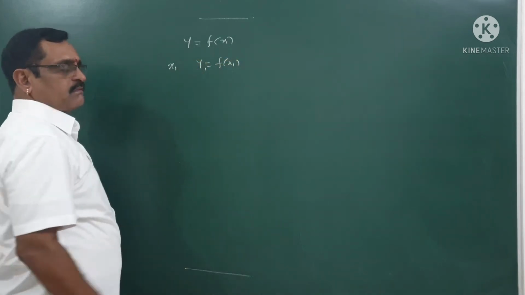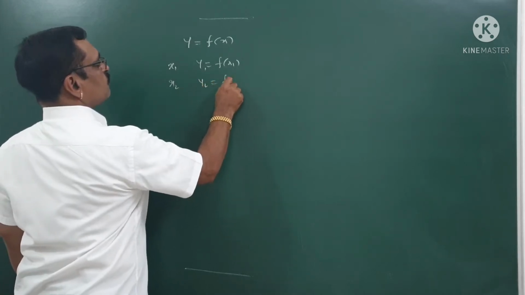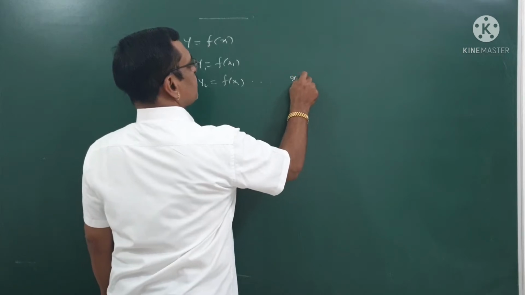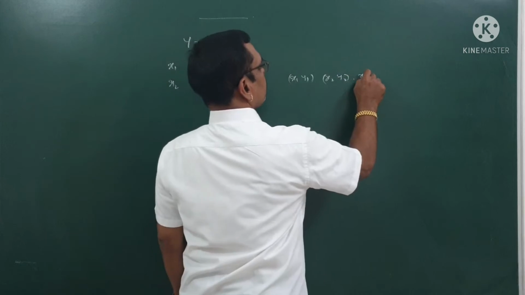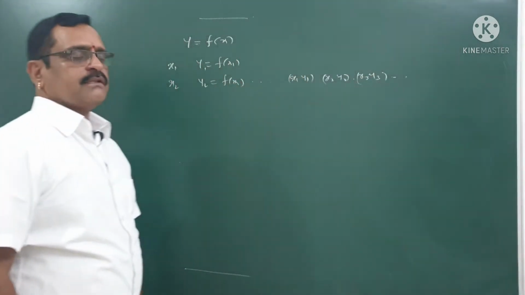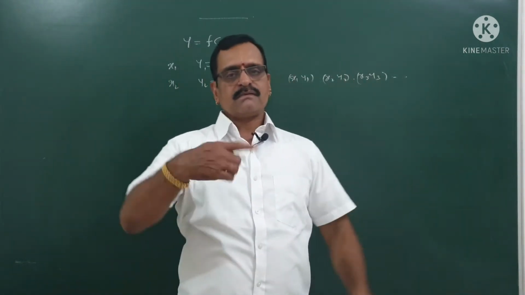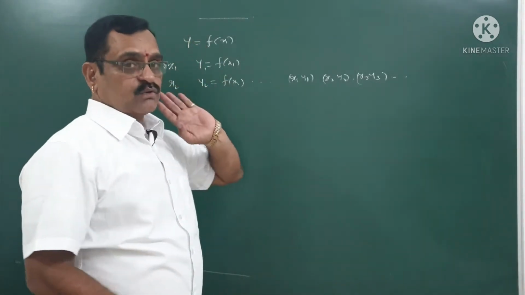When you substitute x2, we get y2 is equal to f of x2. And so on, you will get the points x1, y1, x2, y2, x3, y3, and so on. Now, locating these points on a graph paper and joining them, you will get the graph of the function y is equal to f of x.